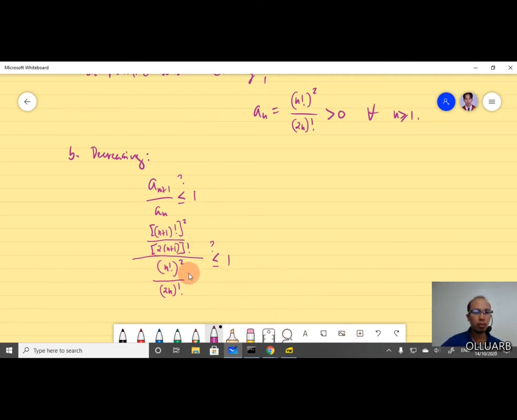So all you have to do is to take the reciprocal on the left hand side.